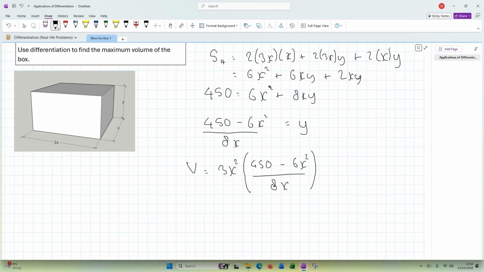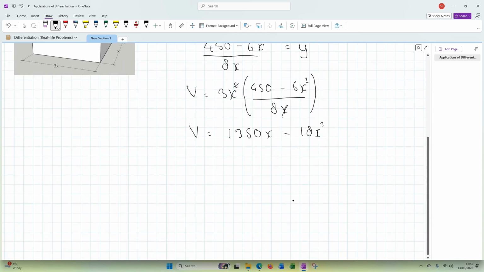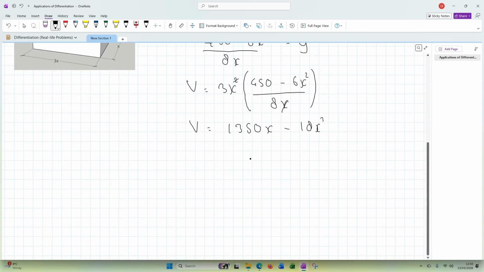We can simplify this by cancelling that x with the x squared and multiplying through by 3x. So V equals 1350x minus 18x cubed over 8.